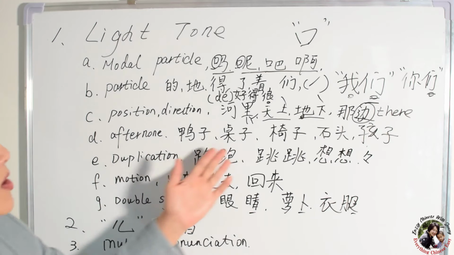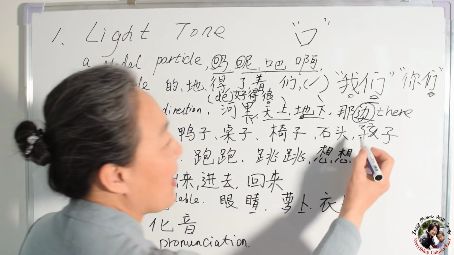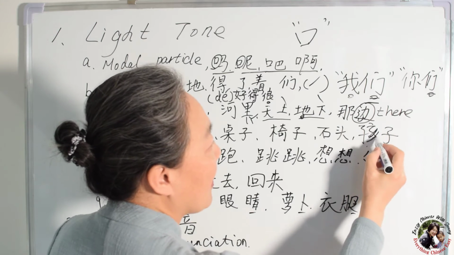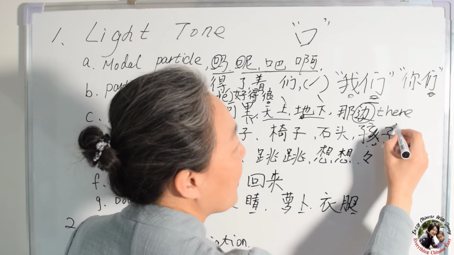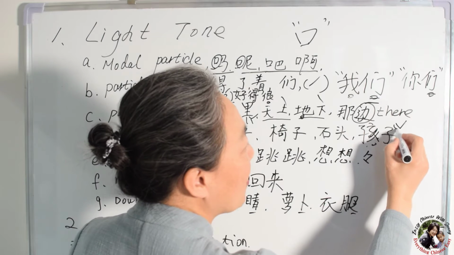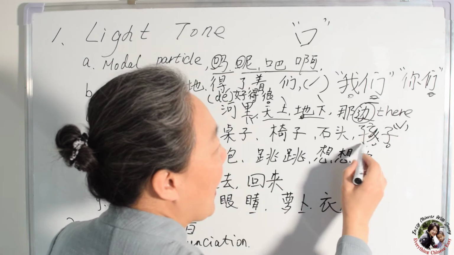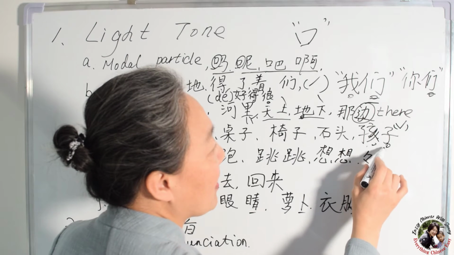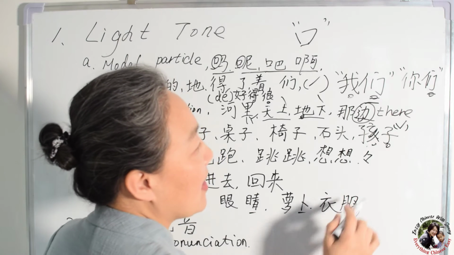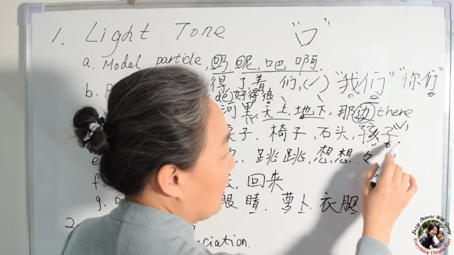So something else also, like some nouns. And I think we have learned this character, 孩子. 子 itself, alone, is a third tone. 孩子 means children. Here, you only pronounce the light touch tone. You don't say it with the third tone.